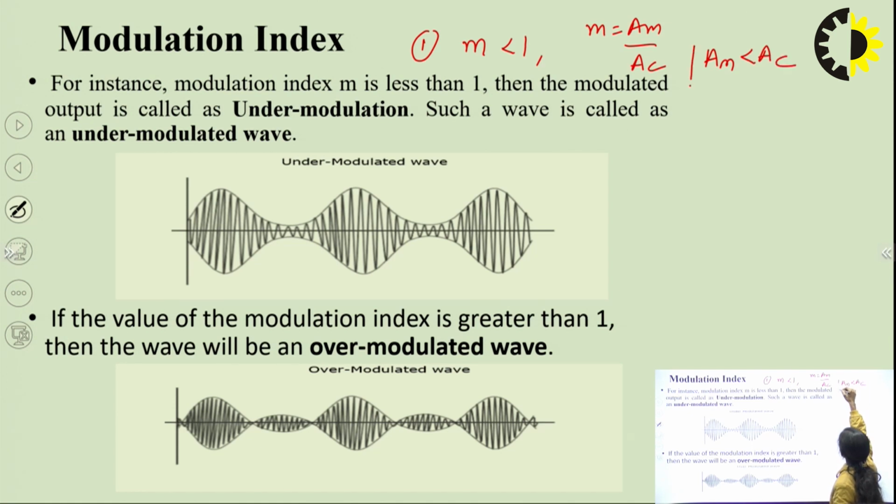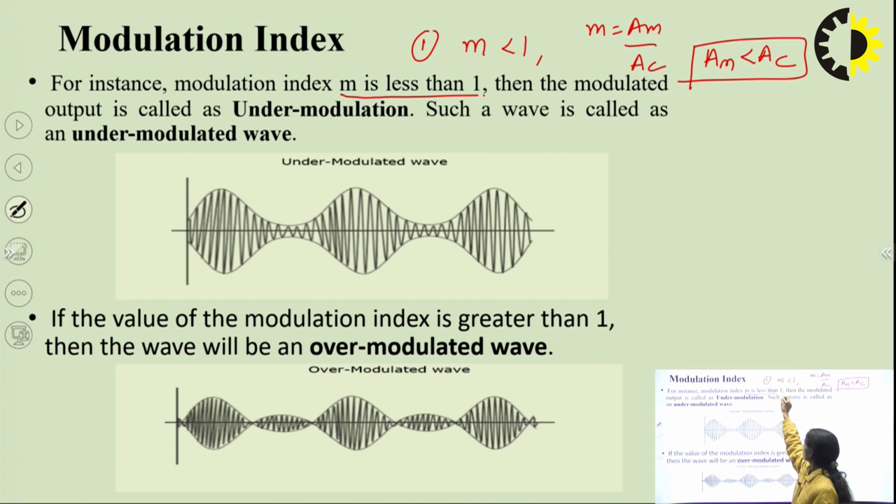That means the amplitude of the message signal should be lesser than the carrier amplitude. Only in that case will the modulation index be less than 1, and this is the case of under modulation. This is generally used for transmission of the signal, and this is more preferred.